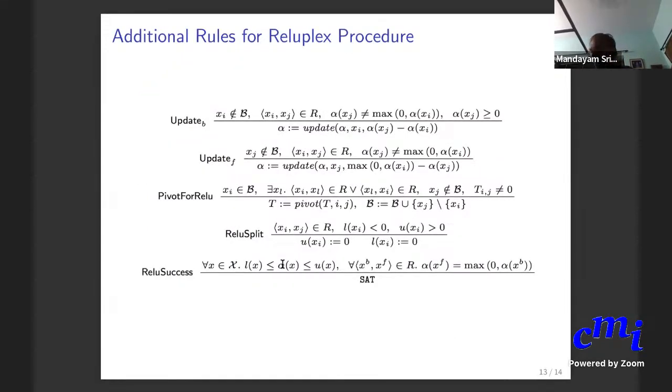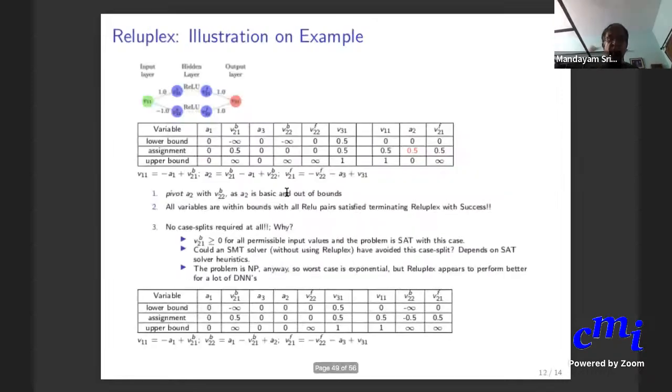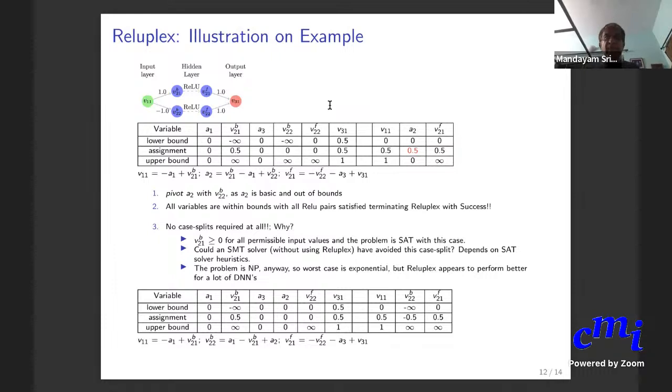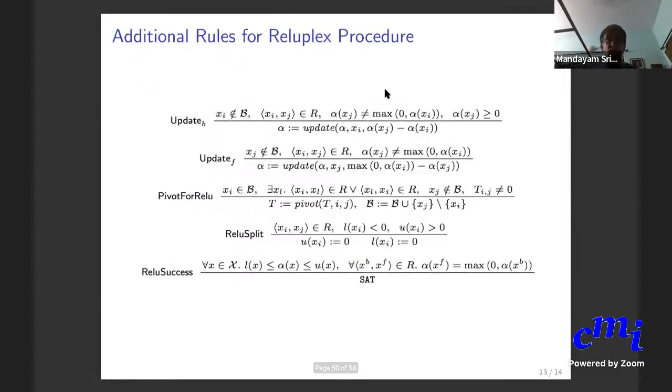Okay, so any questions on this explanation that I've given you? Yeah, on the illustration. So then I will move on.